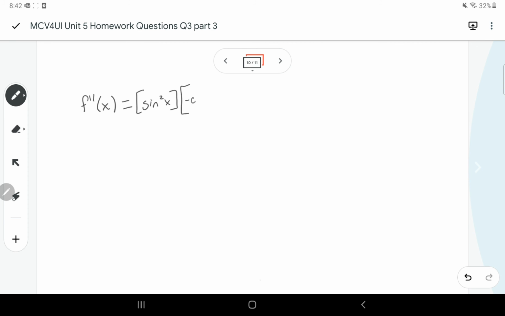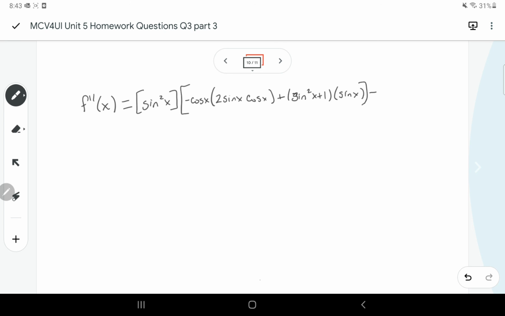So this will be the first, negative cos x, times the derivative of the second, which is 2 sine x cos x, plus the second, sine squared x plus 1, times the derivative of the first. The derivative of cos is negative sine, but it's already negative, so it's going to be positive sine x.